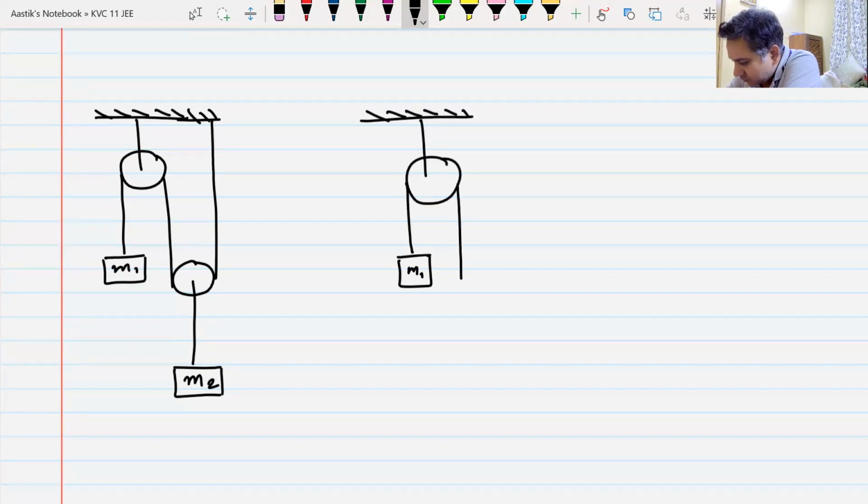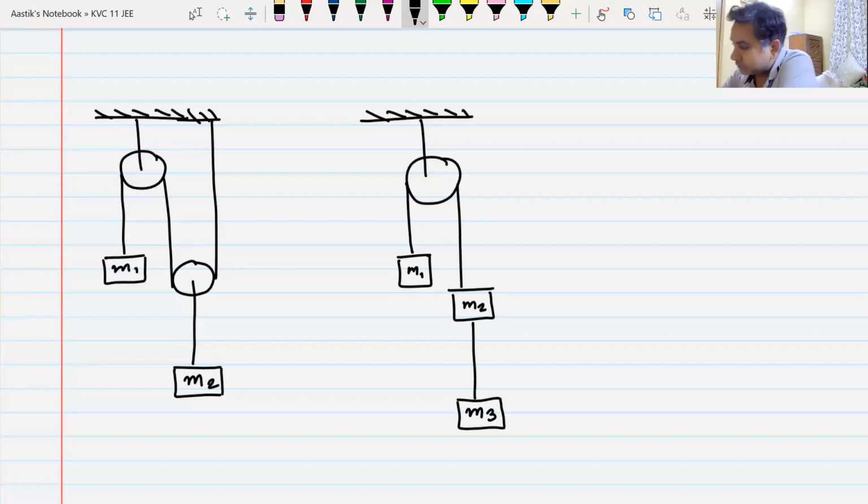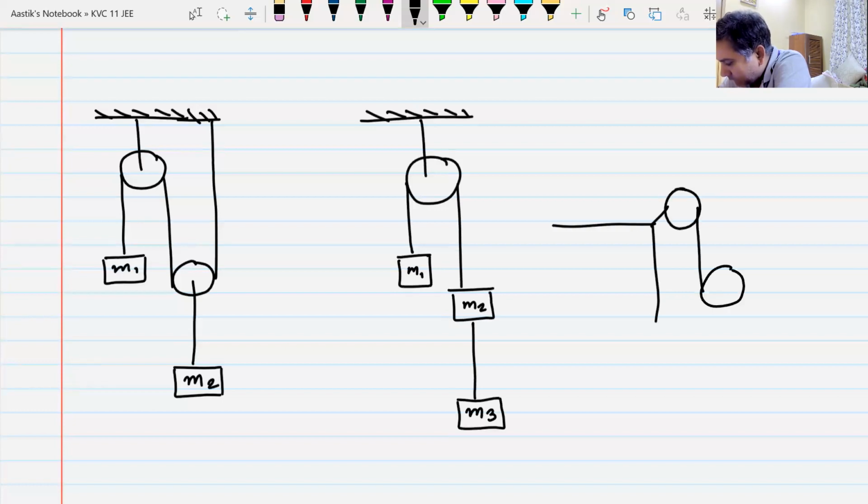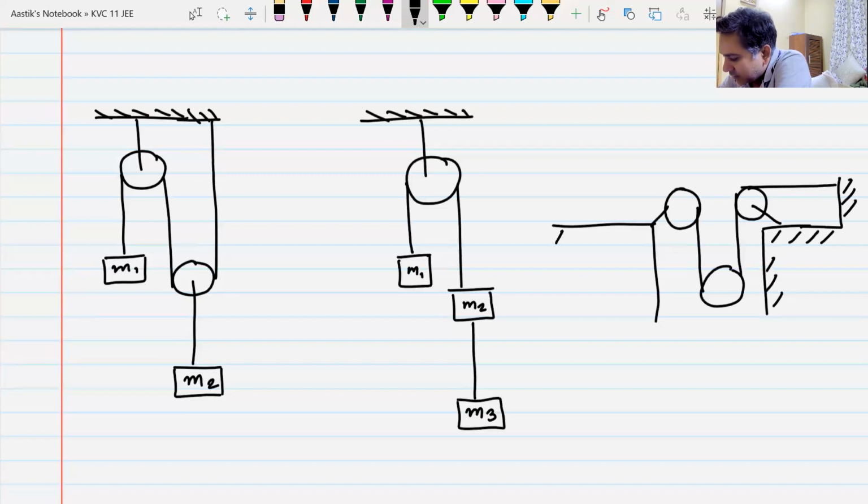This is M1. This is M2. And this is M3. I'll give you one more. Remember, all these are questions. They are not diagrams actually. They are a part of questions, and these questions we would be doing in the time that is coming.